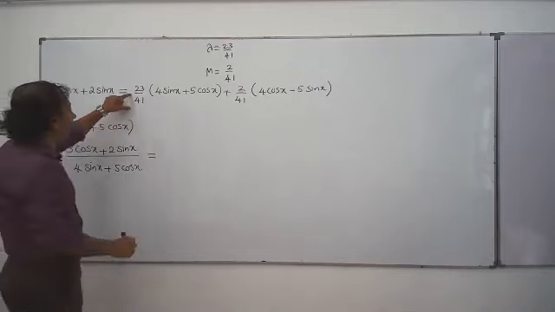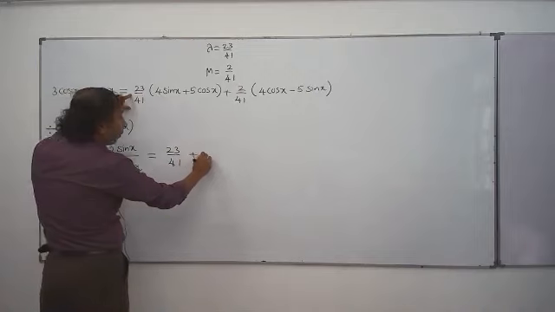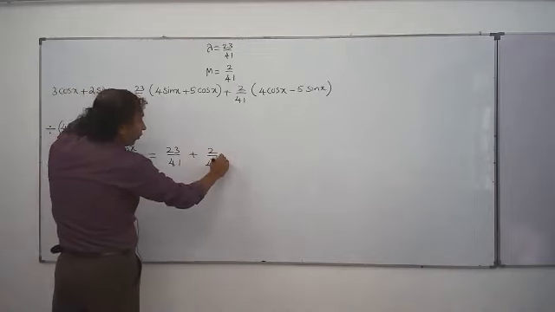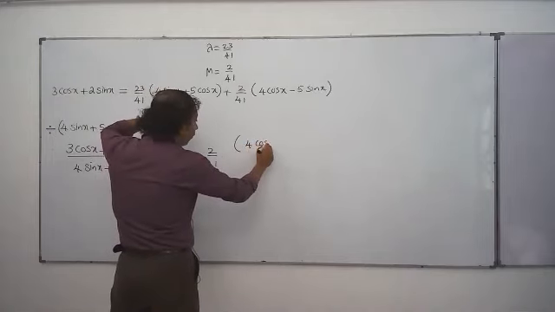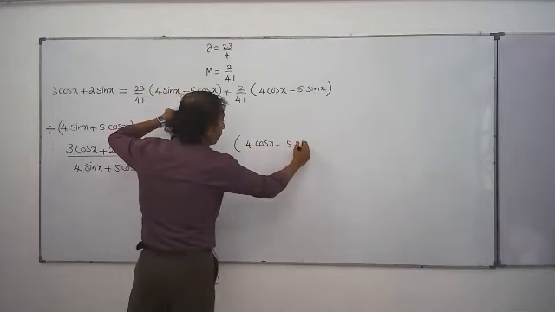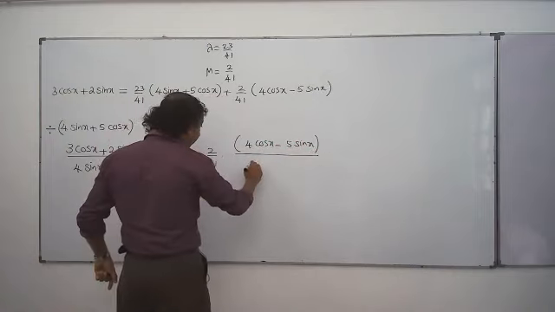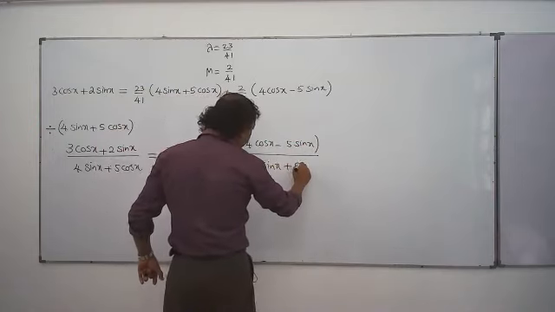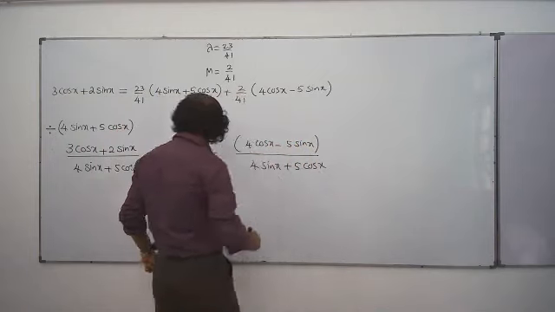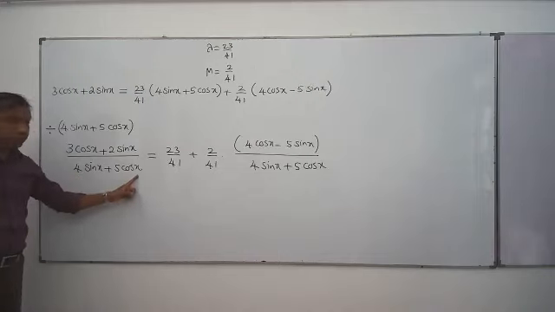Then right hand side, when you divide, we get 23 by 41, 2 by 41 times 4 cos x minus 5 sin x divided by 4 sin x plus 5 cos x. Now, people, you can see, what is this? This is the given integrand.